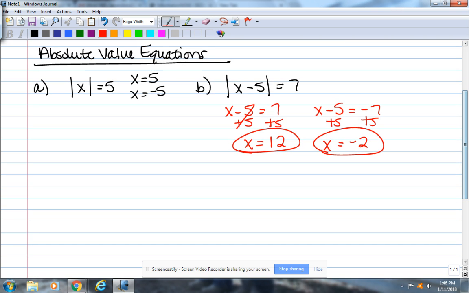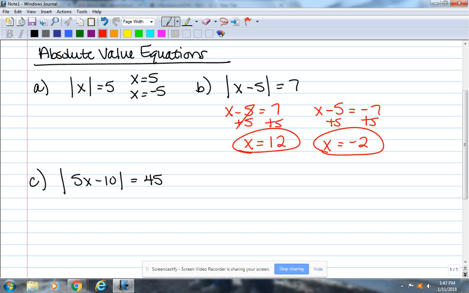So let's make them a little bit more complicated. Absolute value of 5x minus 10 equals 45. So how do we work this out, do you think? How did we do it last time? Well, we make two different problems, right?